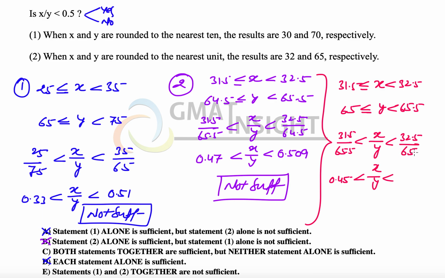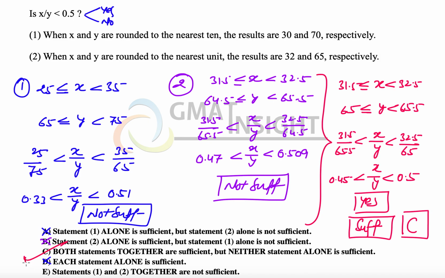Half of 65 is 32.5, and here we have 32.5 and this is not even equal to. So we understand that x upon y is definitely less than 0.5, and definitely less than 0.5 means definitely yes. Definitely yes means that the statements together are sufficient, and therefore the final answer to the question becomes option C. Thank you so much.